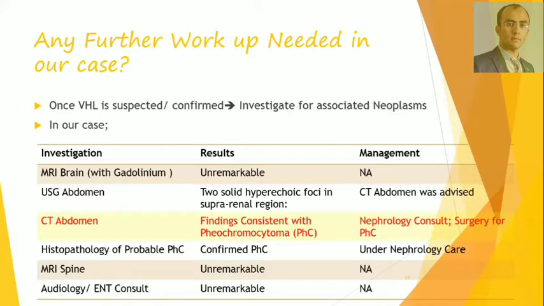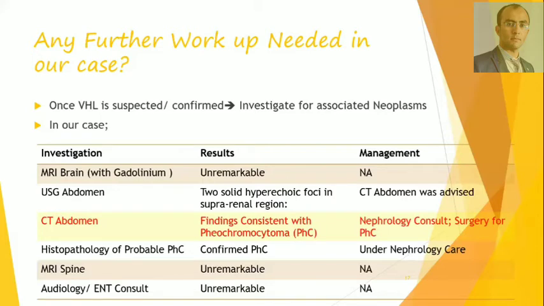After going through the results of ultrasonography, we decided to go for computed tomography of the abdomen, and the findings were consistent with pheochromocytoma. The patient was sent for a nephrology consult, and she underwent surgery for the pheochromocytoma. The diagnosis was further confirmed with the histopathological study of the mass removed during the surgery.